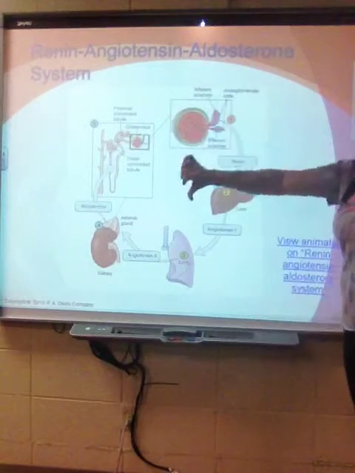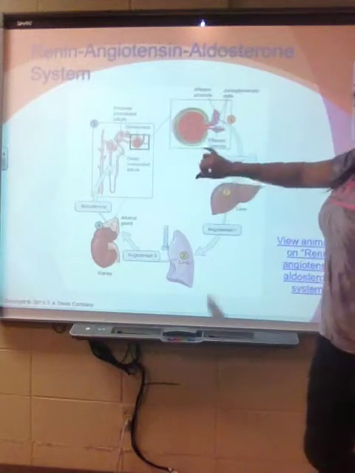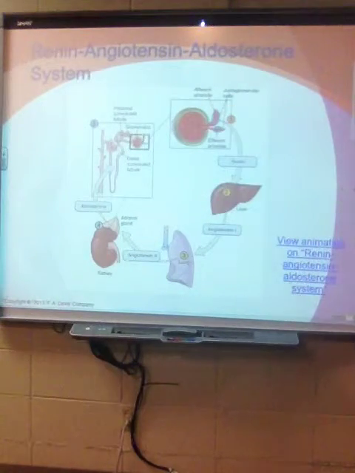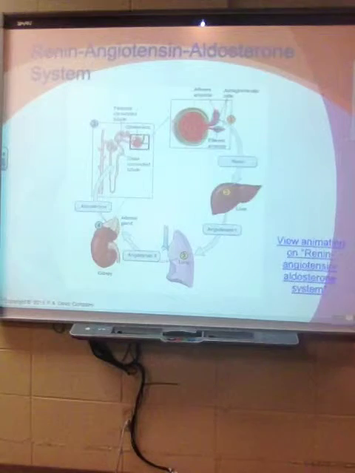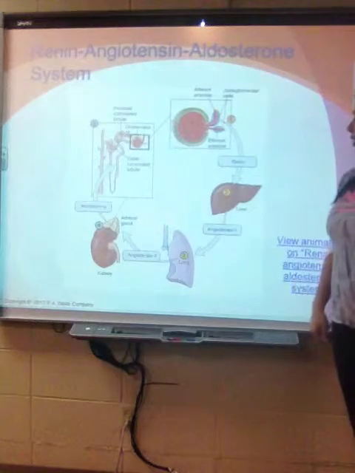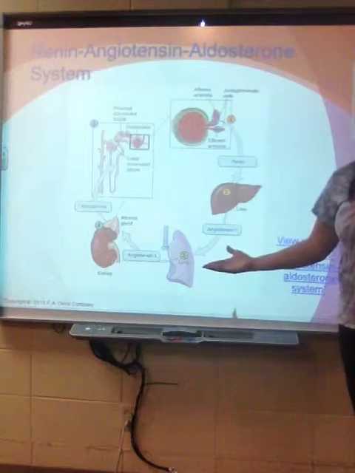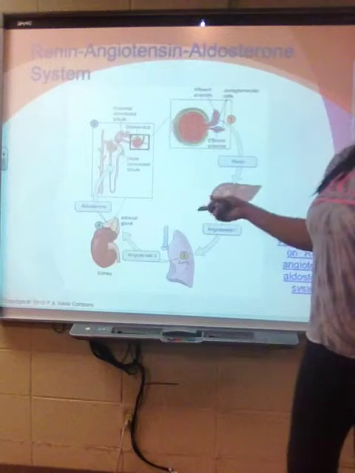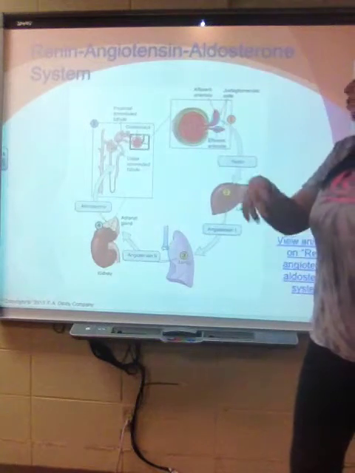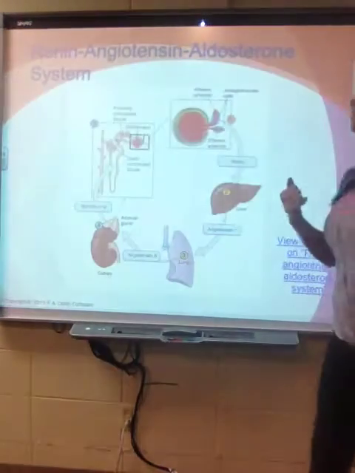So if the pressure goes down, it starts to drop, these juxtaglomerular cells say, oh my gosh, we need to release some renin. So that renin will then travel to the liver, and this is where it gets hairy and crazy, because you're like, why do you have to change this to that before something finally happens?